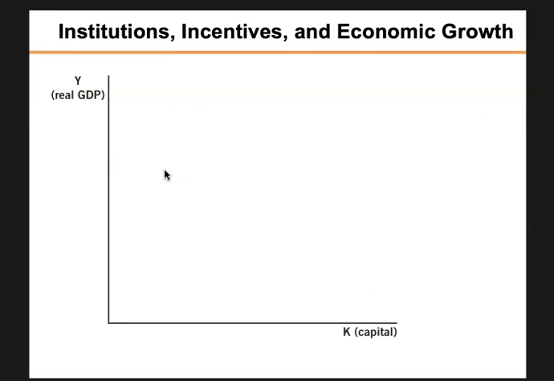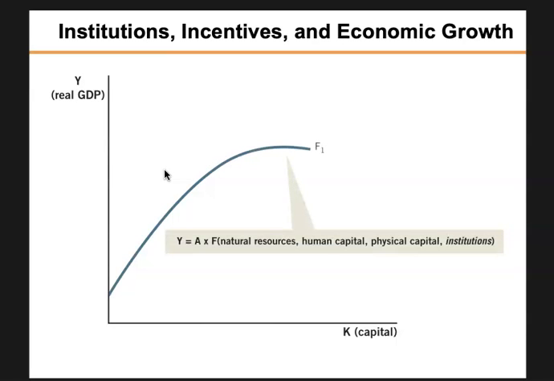So now, when we take a look at institutions, incentives, and economic growth using all of these models that we learned so far, Solow 1, Solow 2, and modern growth theory, here's the original production function, and we have incorporated everything in there: institutions, physical capital, human capital, and technology. Now, from this point, the right institutions provide incentives for people to invent new technology and to invest in human and physical capital.